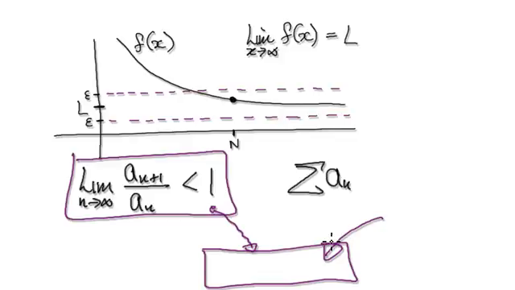This something here will then later allow us to say that there must exist a geometric series that is always bigger than the original thing. If the geometric series converges, therefore the original thing must also converge.